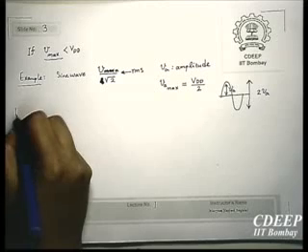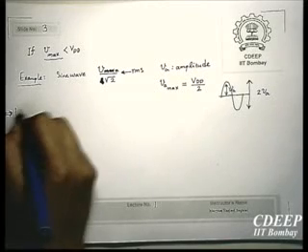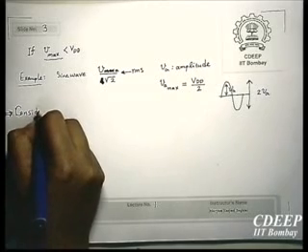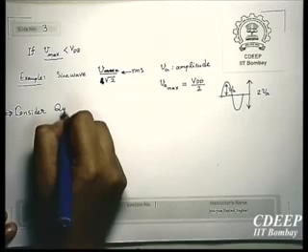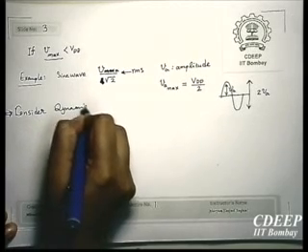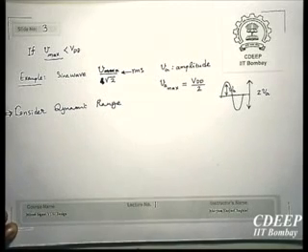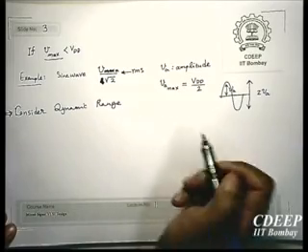So this leads us to consider dynamic range. Dynamic range doesn't have a unique definition. Here, dynamic range is defined as the range of voltage. Therefore, it will be the ratio of maximum voltage to minimum voltage.